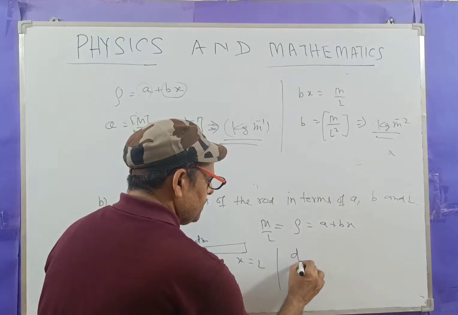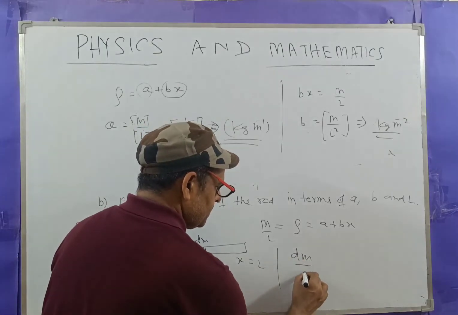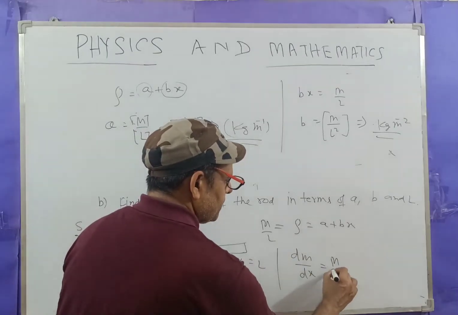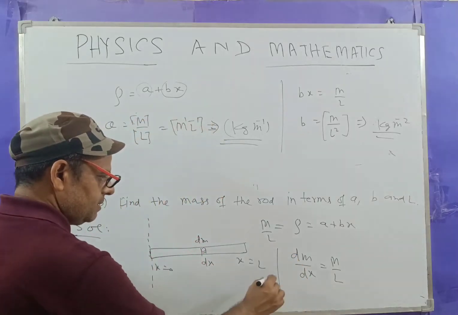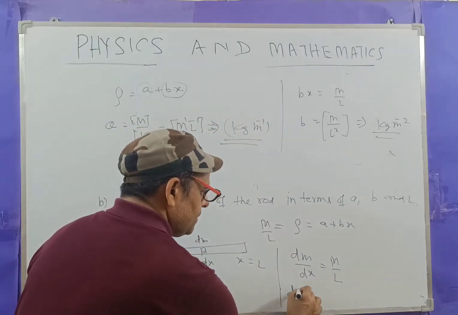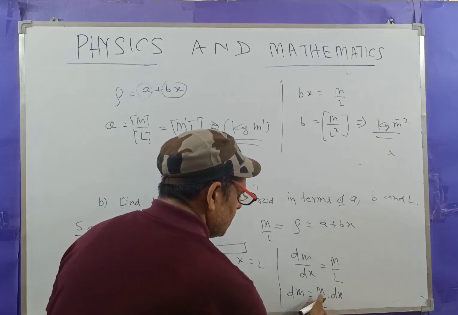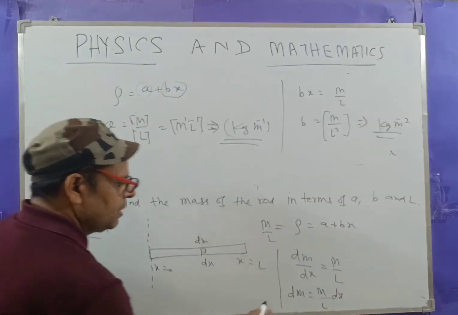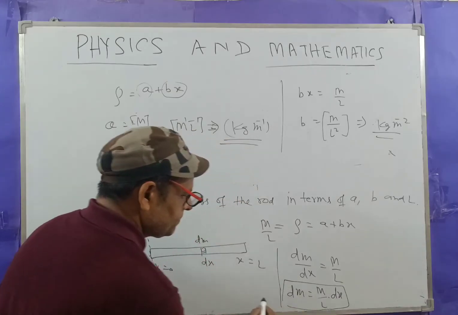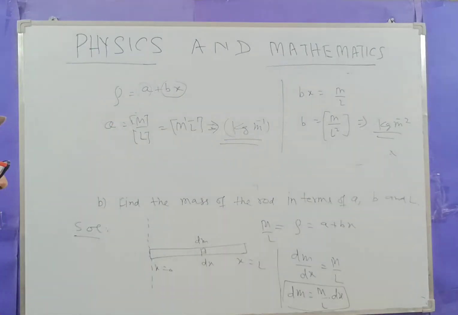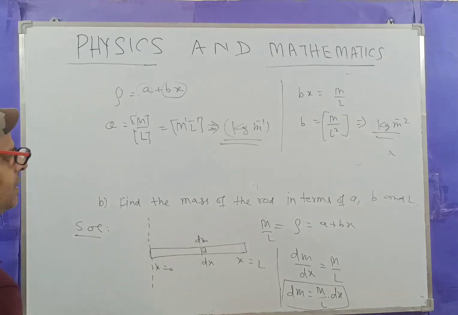That is dm by mass per unit length, this is also equal to m by L. Here we can write dm is equal to m by L dx. So we can integrate this function, and you can vary the value x from 0 to L.